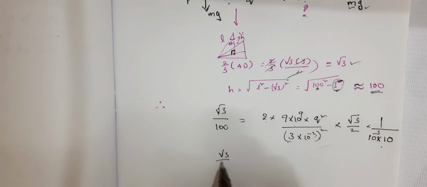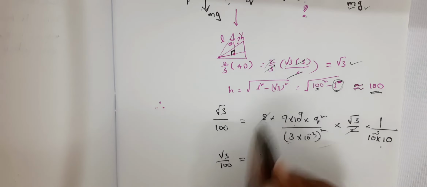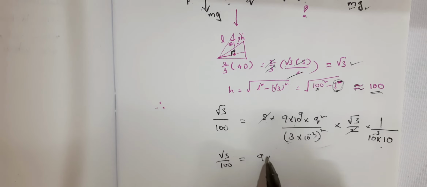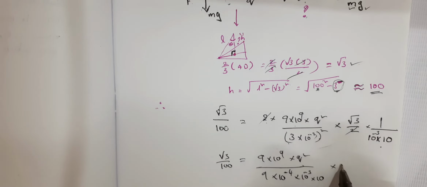so root 3 by 100. Even you can do this. So 2 will get cancelled. Right, so 9 into 10 power 9 into q square by again 9 here into 10 power minus 4, right, into 10 power minus 3 into 10 into root 3, right?